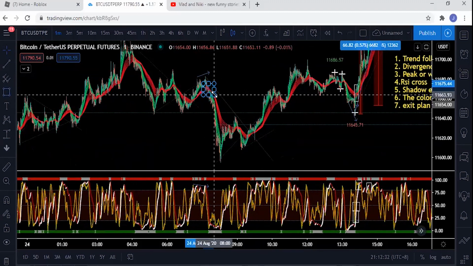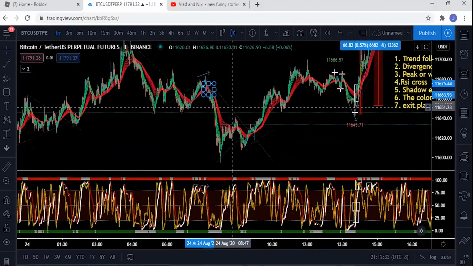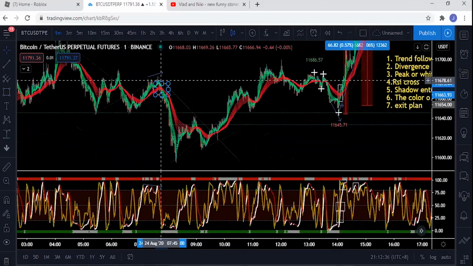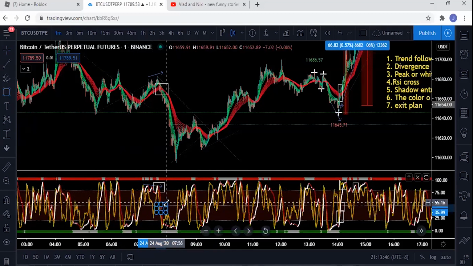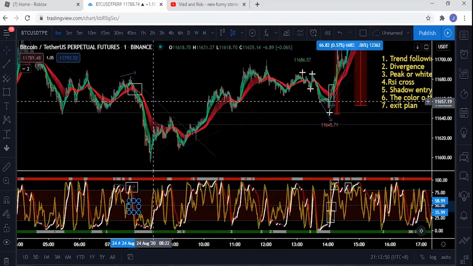So this is a bearish scenario. And then here, this one, your crossover, the position of your shadow below 50 RSI, crossover of our 50 RSI. Now you are good to go.